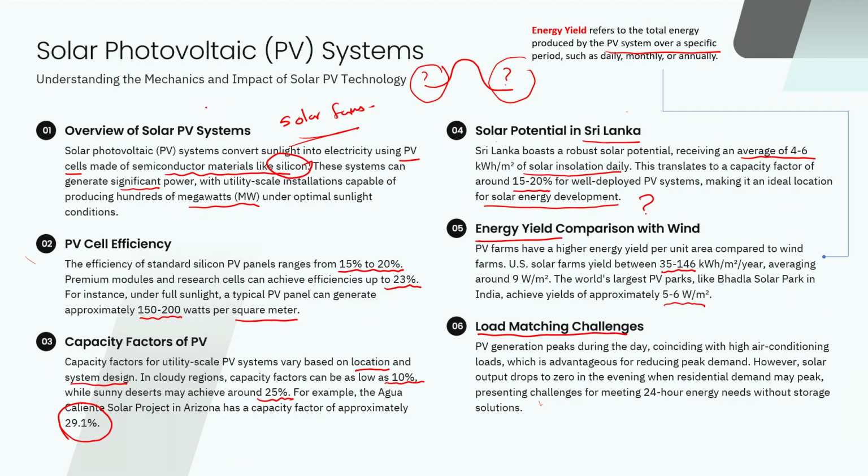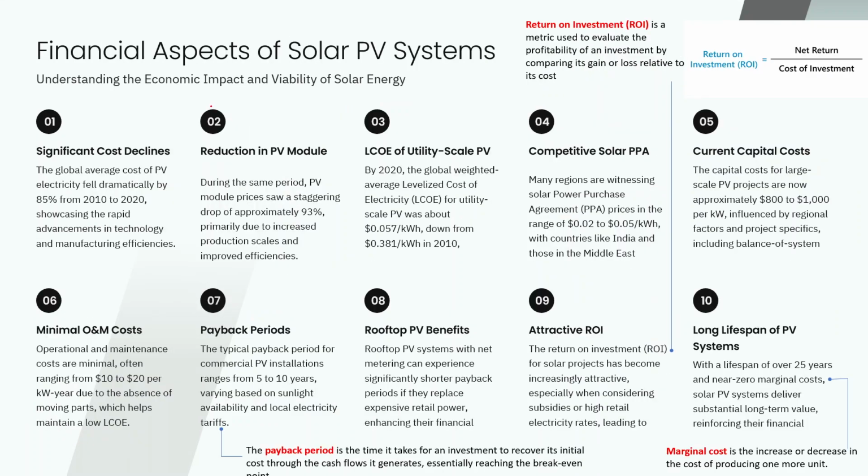Okay, so those are the technological aspects, and if you look at the financial aspect of the PV system, you can see a very significant cost decline from 2010 to 2020, right? The cost of PV electricity has fallen dramatically by 85% from 2010 to 2020, basically due to the introduction of new technologies, right.